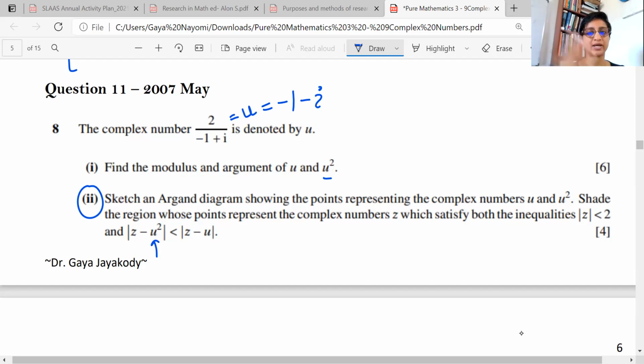You have to square this. So U is -1 minus I. Tell me what U squared is.